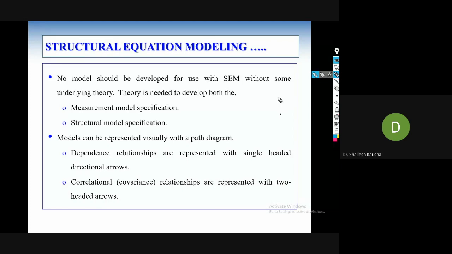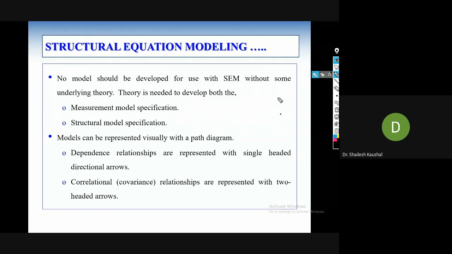If we want to apply structural equation modeling in our research paper or thesis, first of all we need to go through the particular theory, because through theory we obtain the research instrument. We develop our research instrument by going through the literature review and some theory.